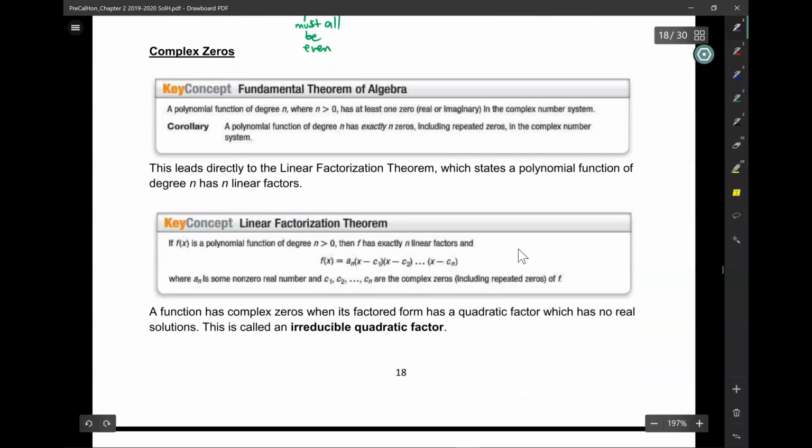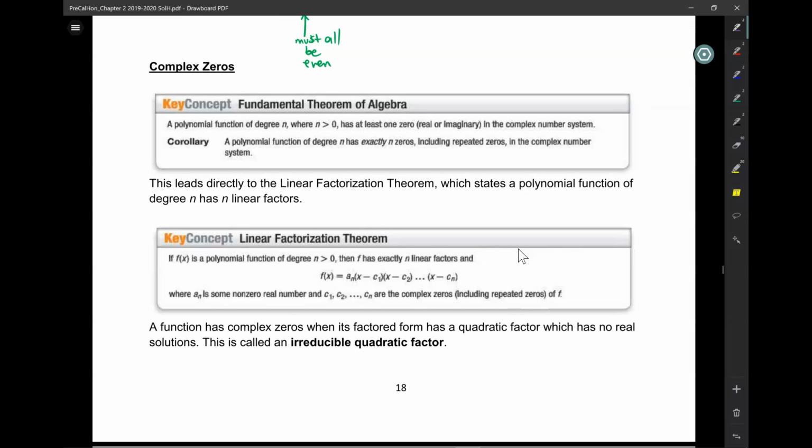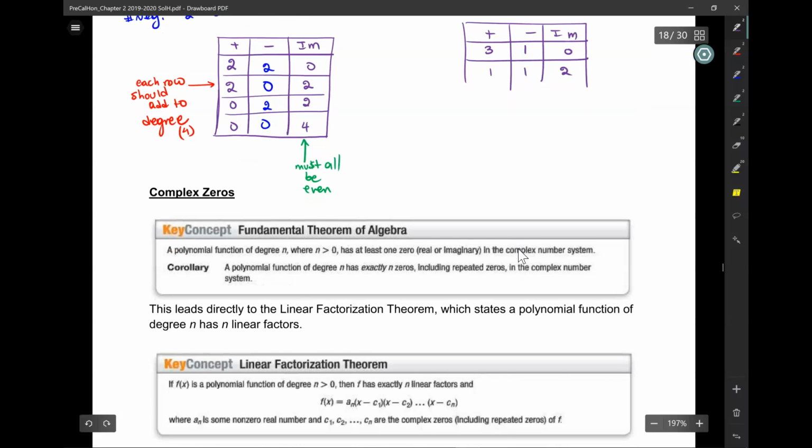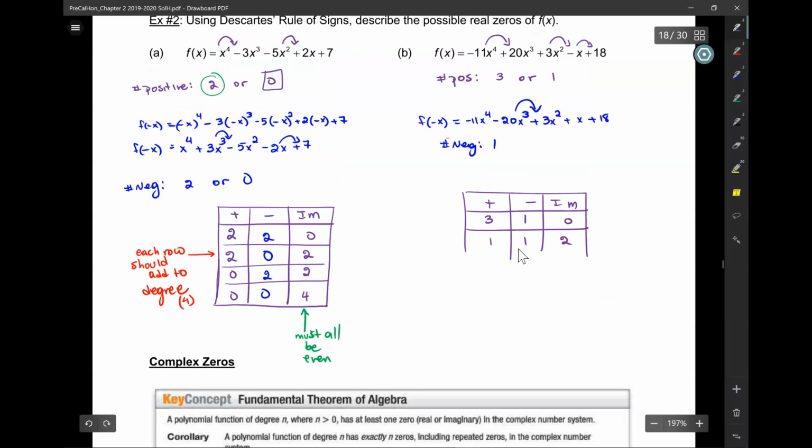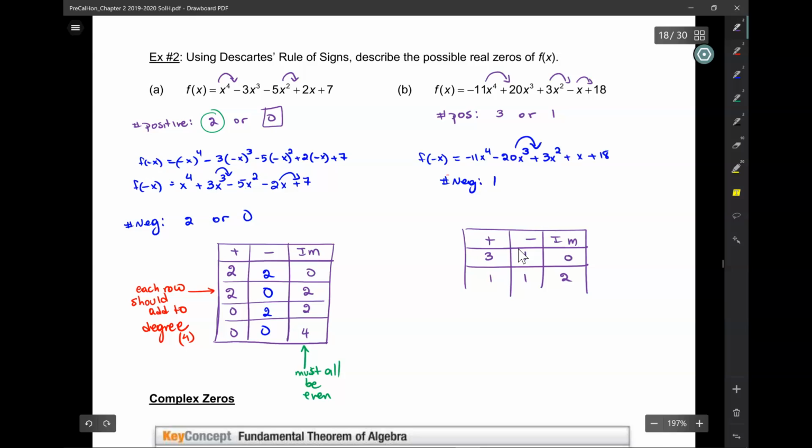So let's talk about complex zeros. The odd exponents are the ones that change their sign, and the number of negative zeros is how many variations there are. So no, that's the thing. Not how many changed. After you do f of negative x, you go down this row and see in this line how many variations there are. So negative, negative, positive, positive, positive, positive.